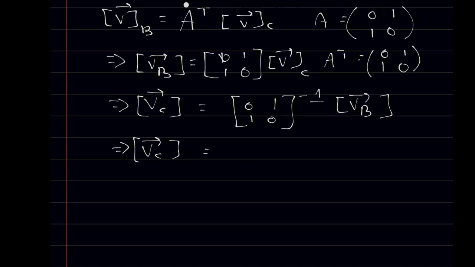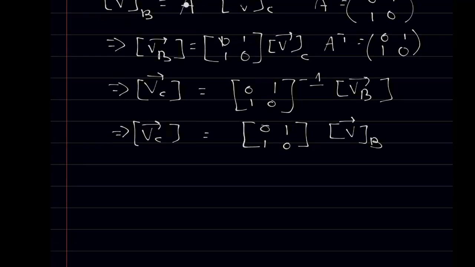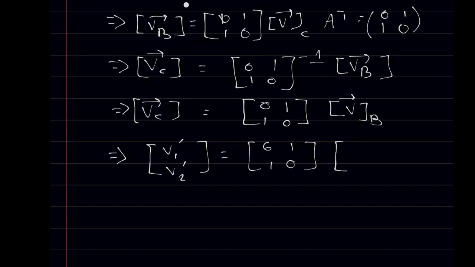Now what was V_C? V_C was (V1', V2'), times [0, 1; 1, 0]. And what was V? We already know V, right? So let me not write it in terms of V1 and V2, but let me just write the answer. It was (4, -1). So what do you get? (V1', V2') turns out to be (-1, 4).